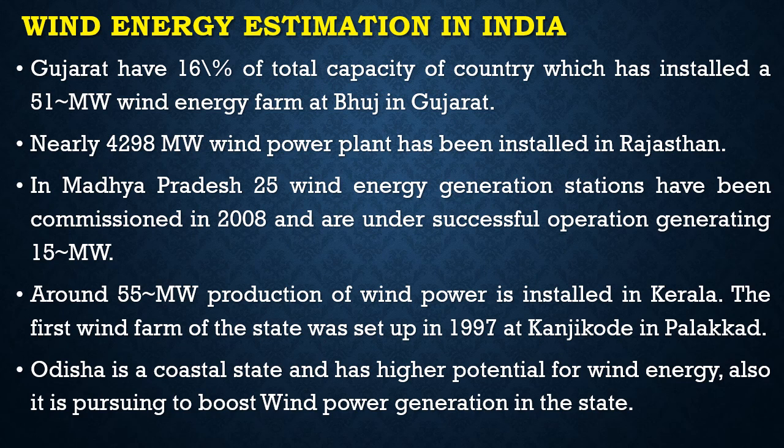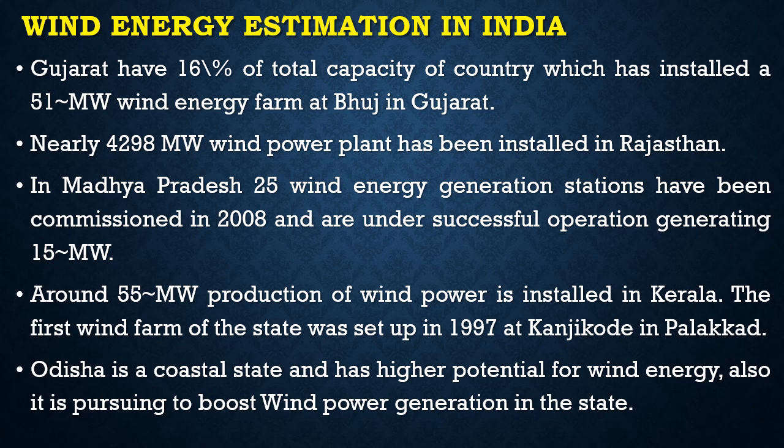Nearly 4298 megawatt of wind power plant has been installed in Rajasthan. In Madhya Pradesh, 25 wind energy generation stations have been commissioned in 2018 and are under successful operation, generating 15 megawatt. Around 55 megawatt of wind power is installed in Kerala.